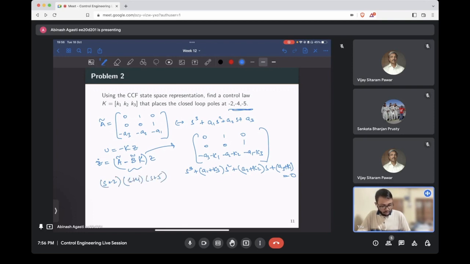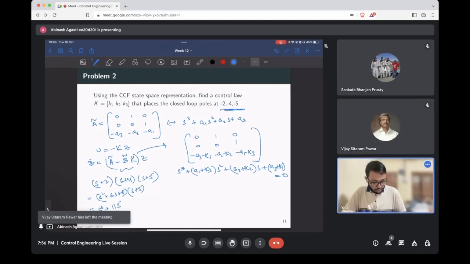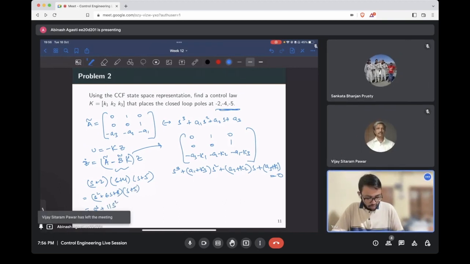Okay, so this is s squared plus xs plus a. Yeah, so this is the desired polynomial, so we'll just compare coefficients with this.